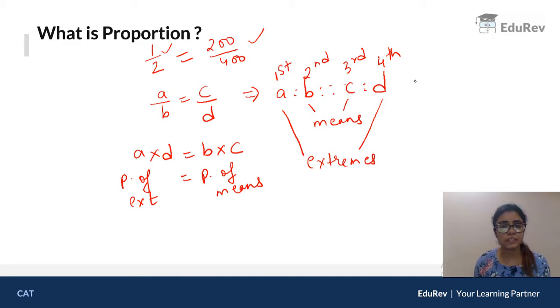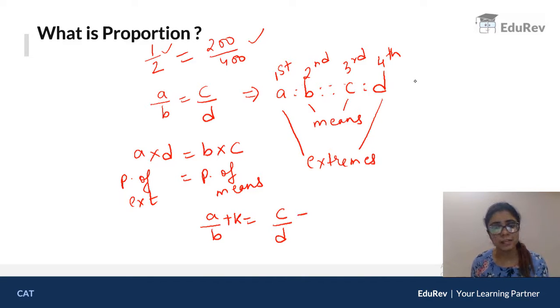Now suppose A/B is equal to C/D, and I add a constant K. Similarly, A/B plus K will be the same as C/D plus K, because the value of A/B and C/D is the same.